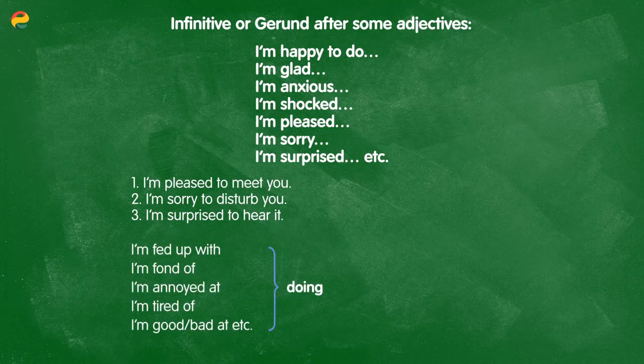However, some other adjectives can be followed by prepositions and gerunds. Like in the examples, I'm fed up with doing something, or I'm fond of going there, as well as phrases like I'm annoyed at, I'm tired of, or I'm good and bad at. These phrases we all use with gerunds after the preposition.